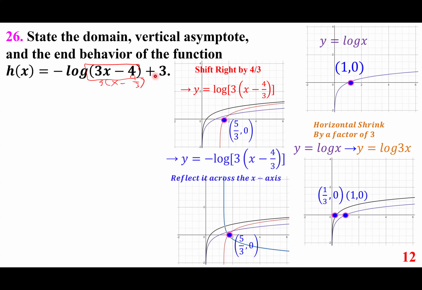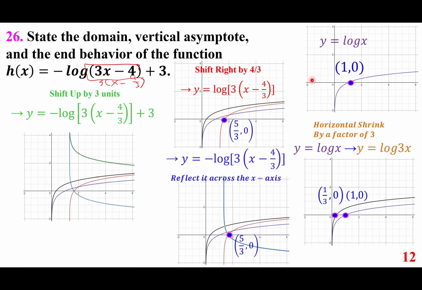What is left? Plus 3. So add 3, that means shift up by 3 units. So this guy moves up by 3 units, which means this point now has coordinates 5/3, comma 3.